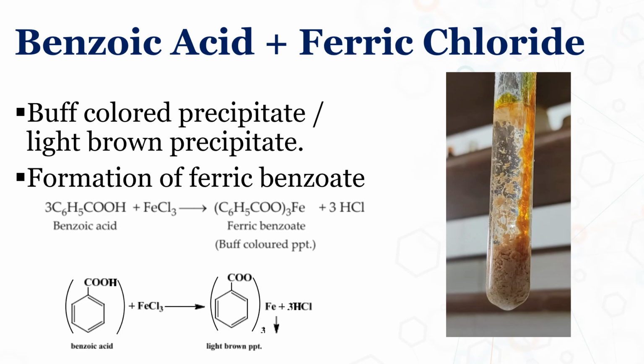Benzoic acid has the COOH group, no? When it's combined with ferric chloride, it creates a neutral salt. This salt, class, doesn't dissolve in water. That's why it will become a buff-colored precipitate, or a light brown precipitate.